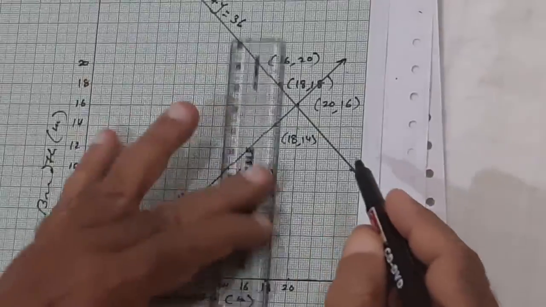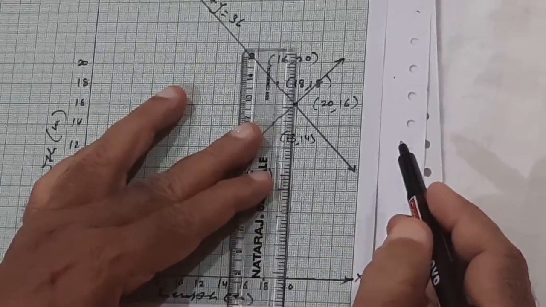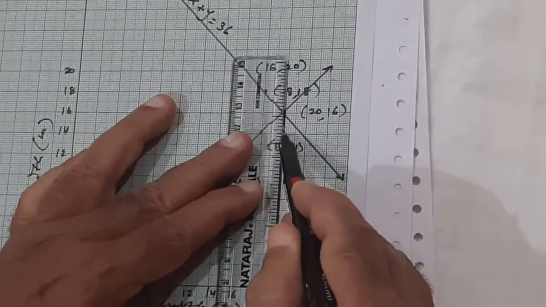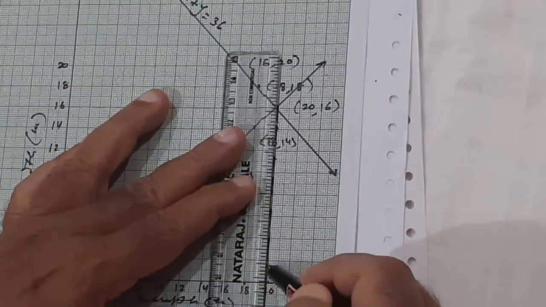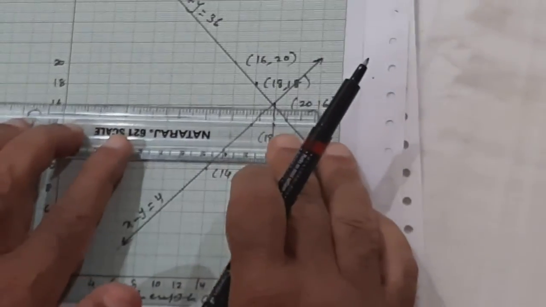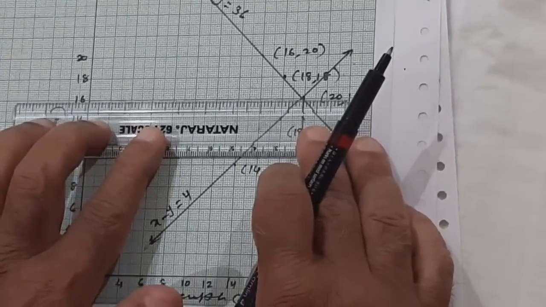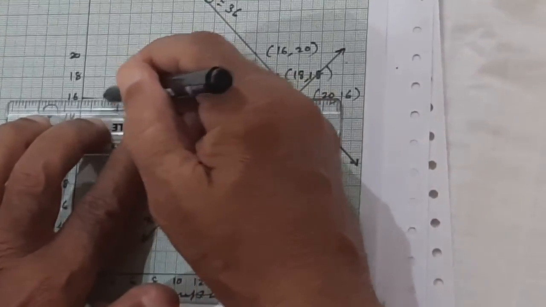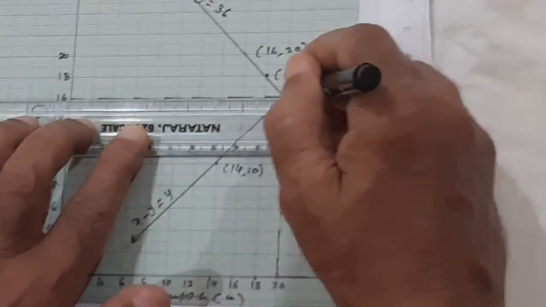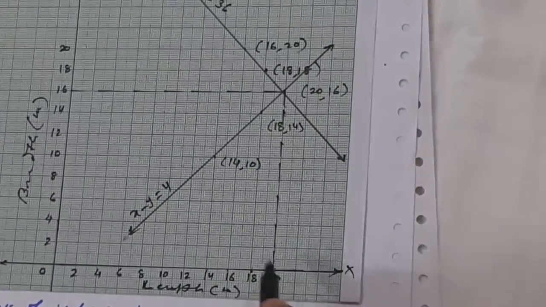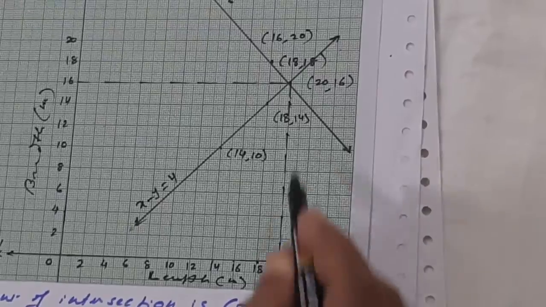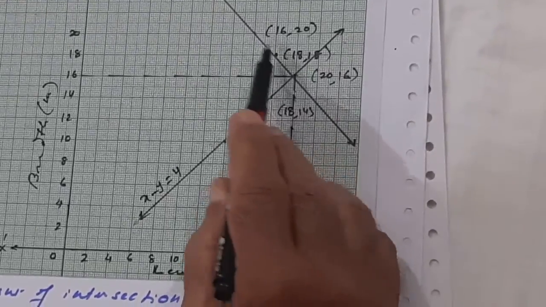Now where they are intersecting, you can draw the perpendicular by dotted lines to the x-axis and here perpendicular to the y-axis. So this is now x is equal to 20. So 20, 16 point is common.